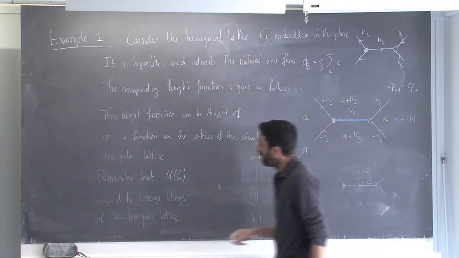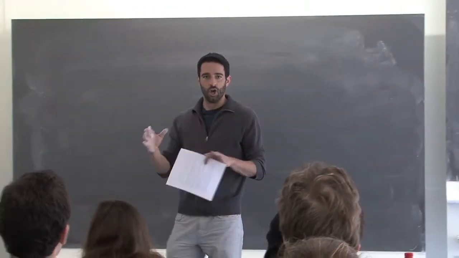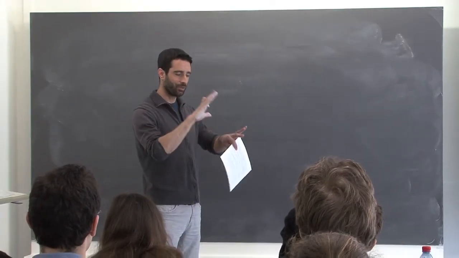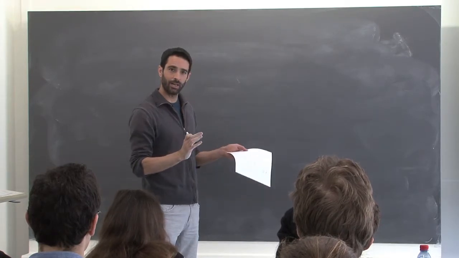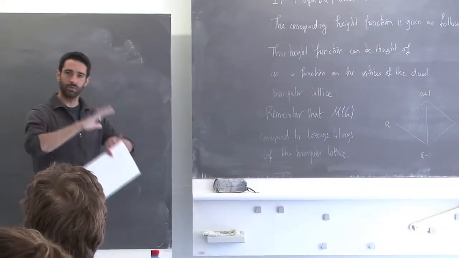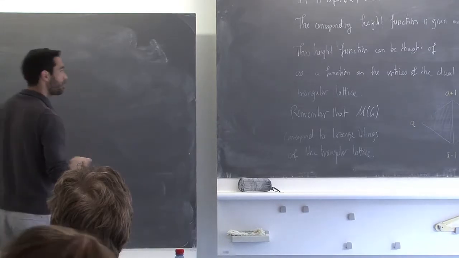Okay. Why is this very beautiful? It's because if you make a drawing of the lozenge tiling, what you see is something like cubes that are piled up together, and this height function is exactly the height of the corresponding cubes, or the corresponding vertices of these cubes. So I'm just going to make a little drawing.